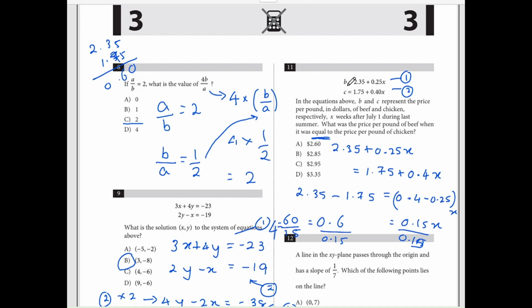From equation 1, p equals 2.35 plus 0.25 times x, which is 4. Here it is 1, and p equals 2.35 plus 1, and it is 3.35. This is the answer.